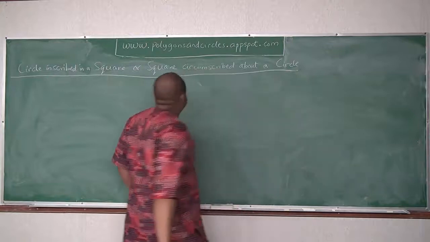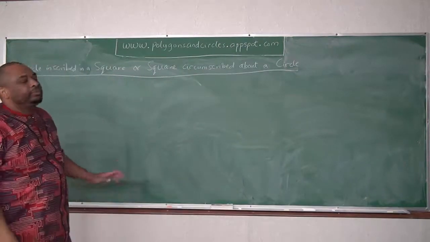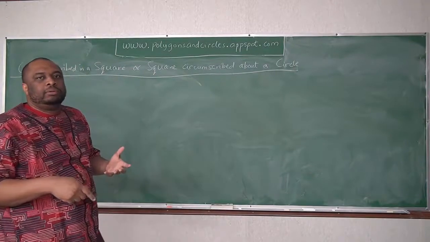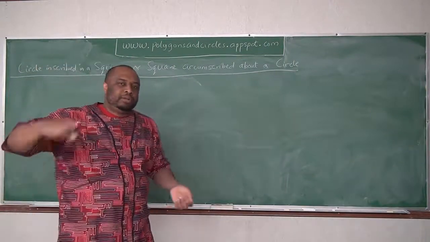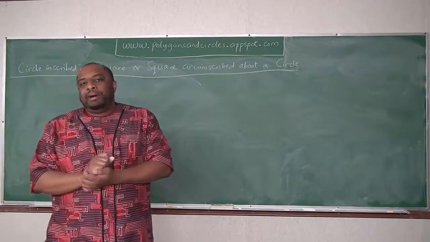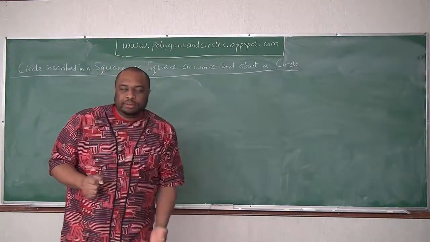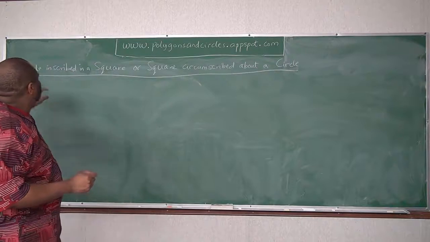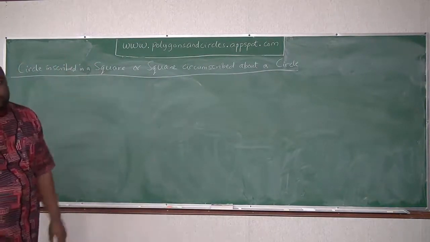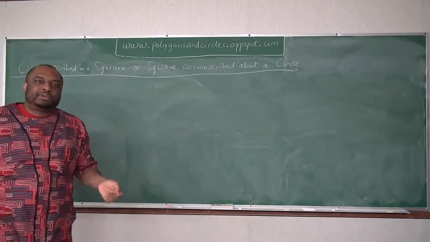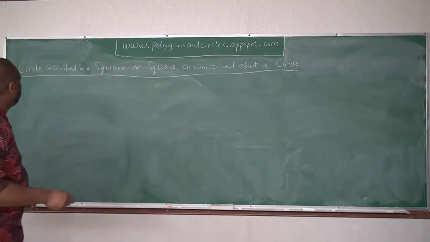In the previous video, we did square inscribed in a circle, or circle circumscribed about a square. In this video we shall do circle inscribed in a square, or you could say square circumscribed about a circle.